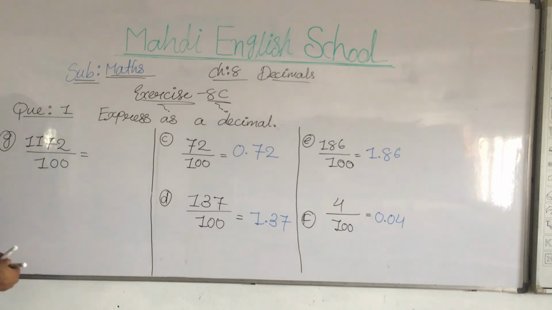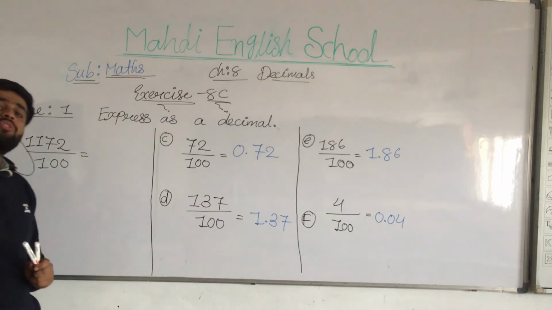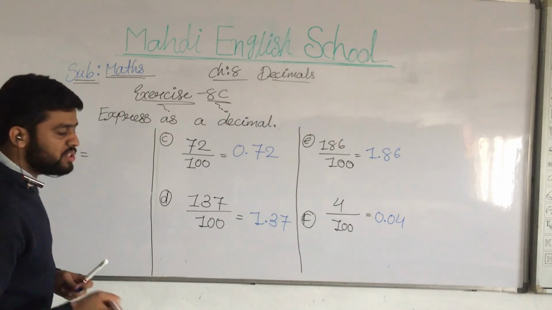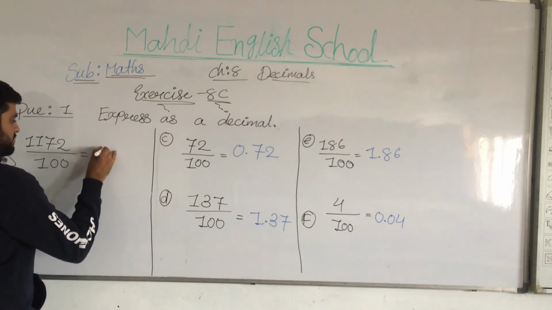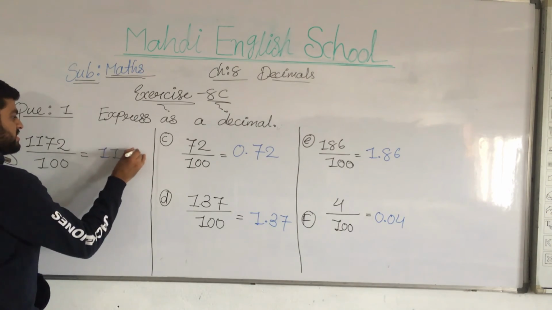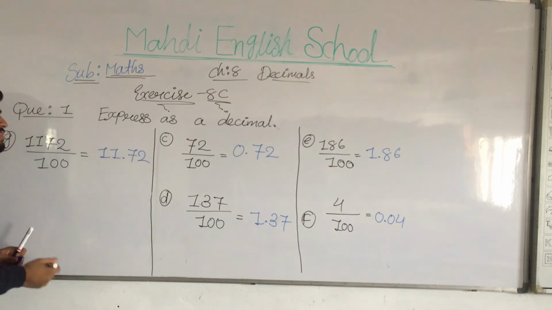So how many zeros are here? 2 zeros. So after 2 digits from the end, we have to put the decimal point. 11.72. Understood?